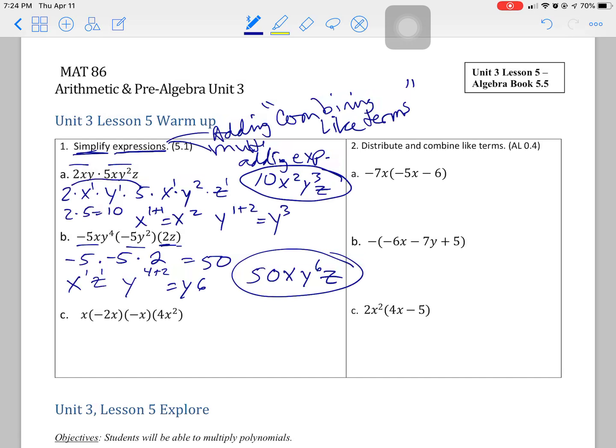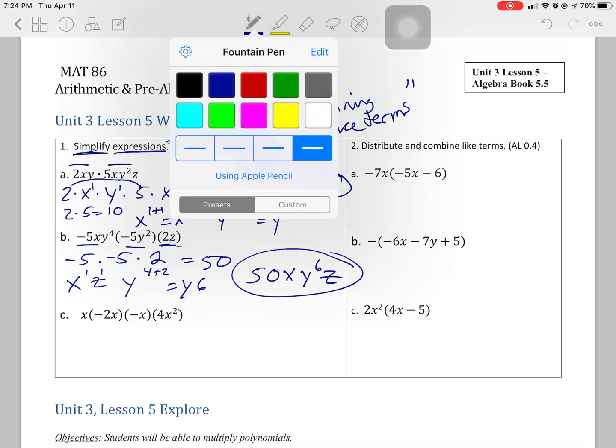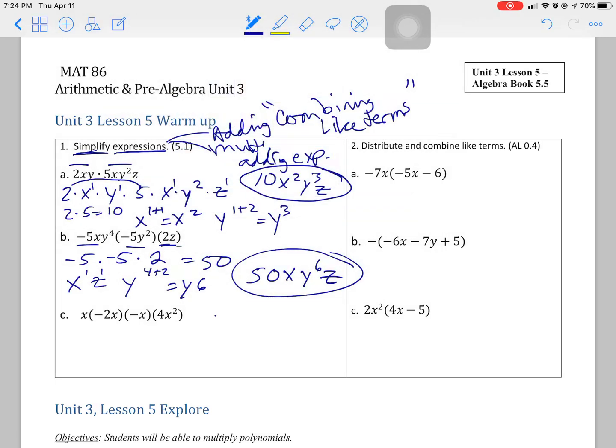I just want to do an example of that one real quick. If you have -5y to the second, squared, times 2z to the third, these are ones that you have to multiply first. So you can't just go -5 times 2.